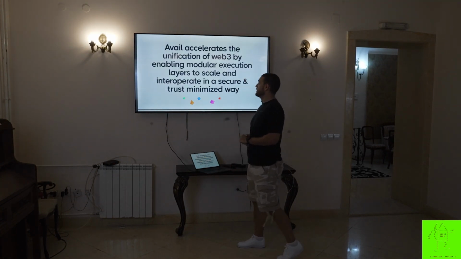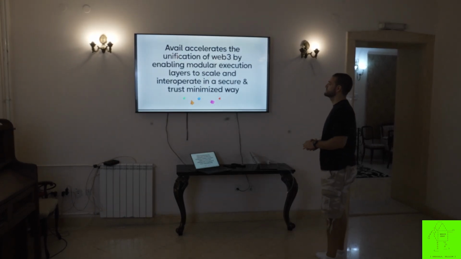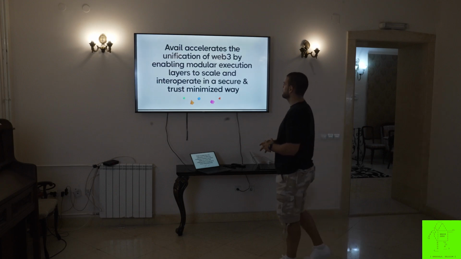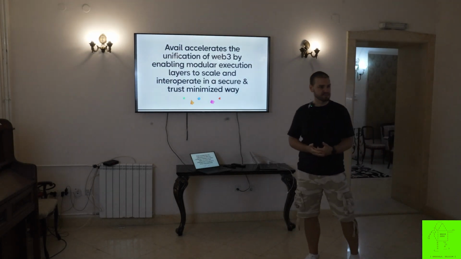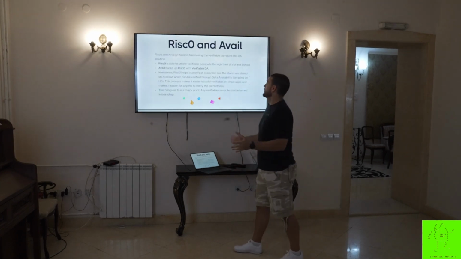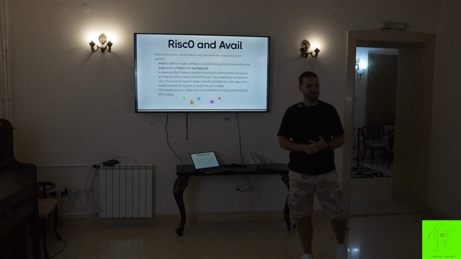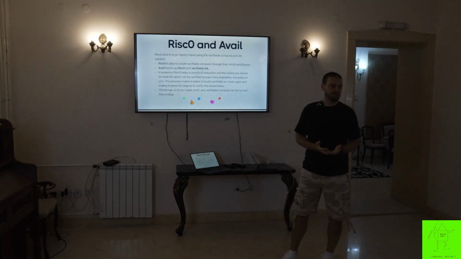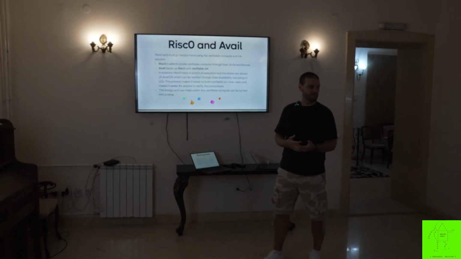If we wanted to sum up the entire story in a single sentence, the idea is for Avail to accelerate the unification wave 3 by enabling modular execution layers to scale and interoperate in a secure and trust-minimized manner. And why are we all here today? How does RISC Zero work together with Avail? It's very simple. RISC Zero is a provable execution engine, and Avail DA is a provable data availability layer.